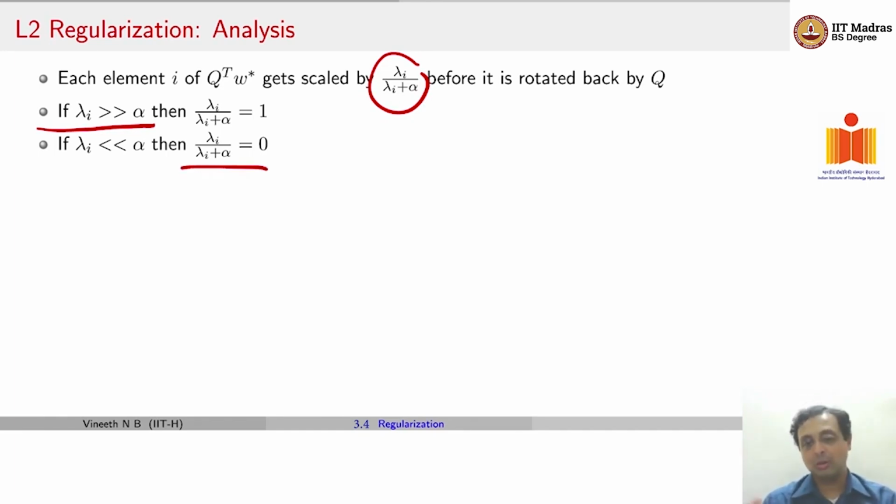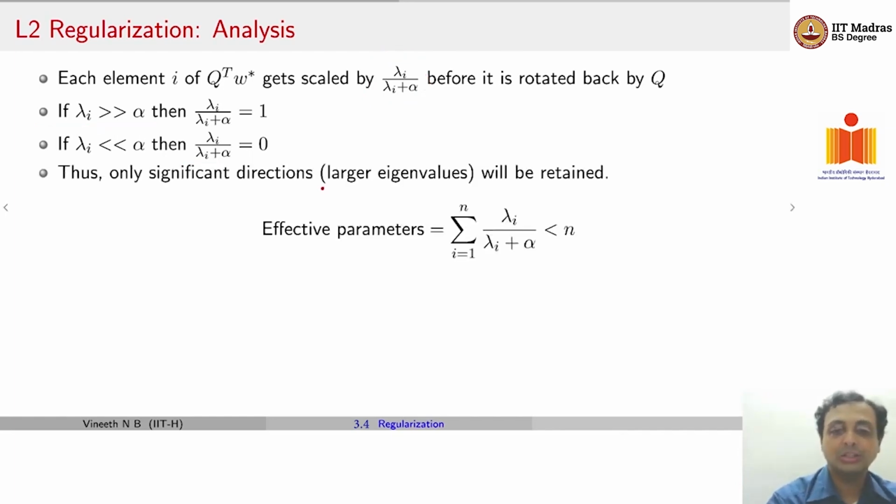So those components of W star may just become 0 after this transformation. Only when we have large eigenvalues, the W star components will be retained in W tilde, which is the new solution for your regularized loss.